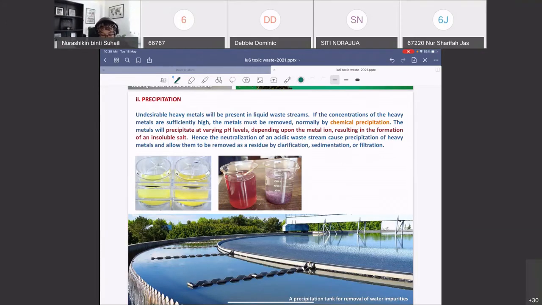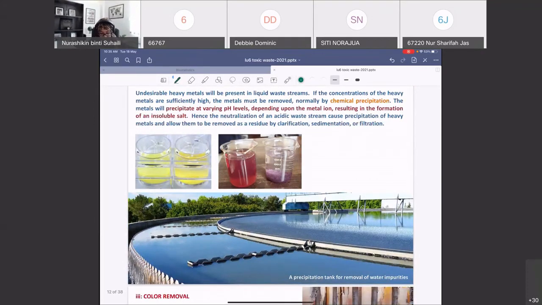At their optimal pH values, what results will be the precipitate or insoluble salt. So that's how whatever the toxic is can be removed from the suspension. Okay, right. So this is a picture that shows a precipitation tank for removal of water impurities by precipitation.